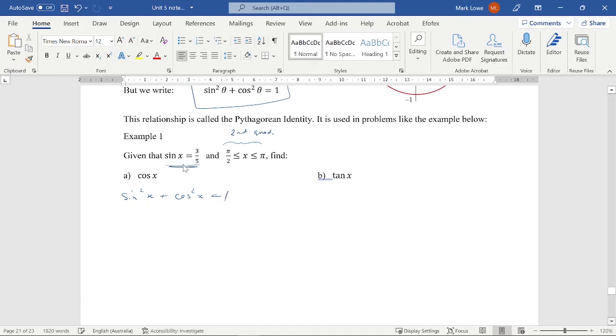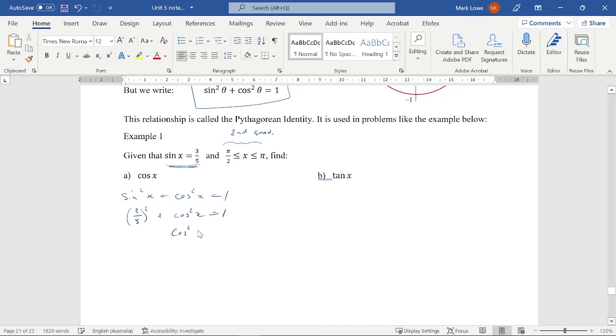Now we know that sine x is equal to 3/5, so we can replace sine x with 3/5, squared, plus cos squared x equals 1. We want to solve for cos x, so we bring our 3/5 squared over to the other side.